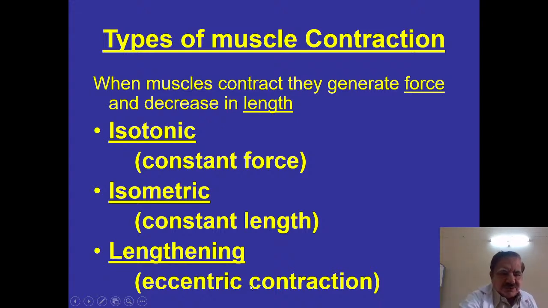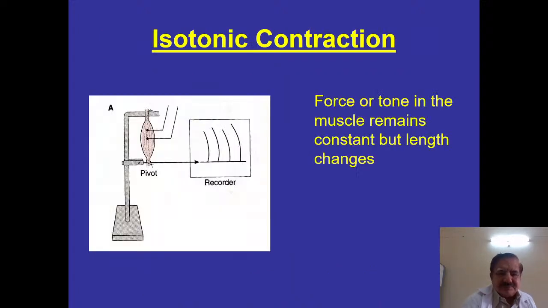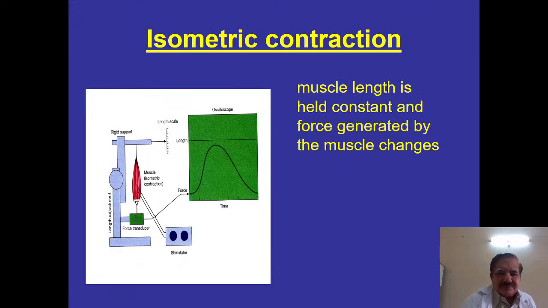It has two divisions, shortening and lengthening, and isometric is different. In isometric the muscle length remains the same, and the force of contraction will increase.